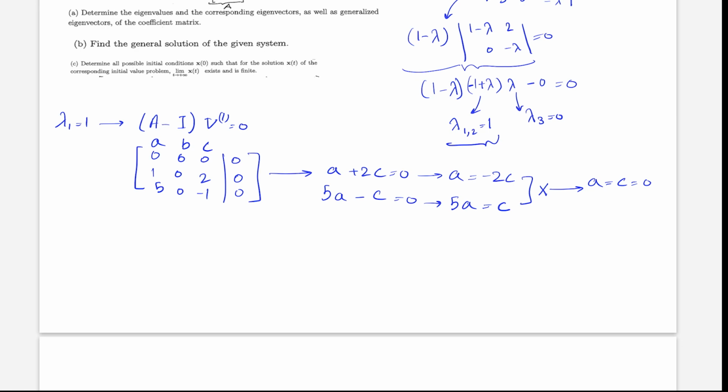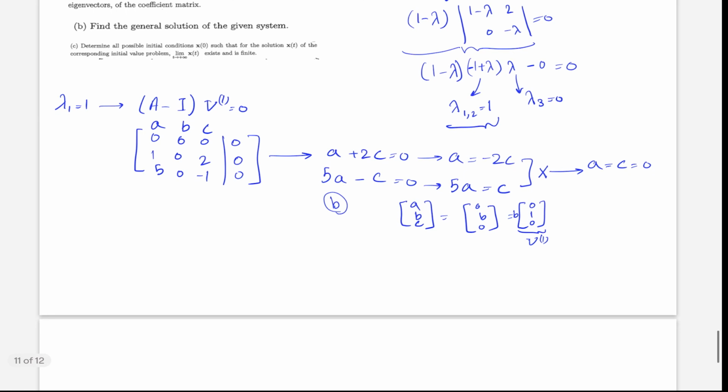We don't know about B. B can be anything, right? So it is something like a free variable. So our vector ABC will be 0, 0, B, and we can factor out B, and it will be 0, 1, 0. So we can say this is our v1, our eigenvector.